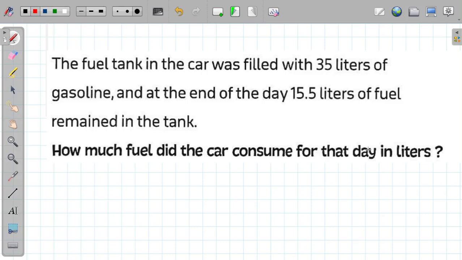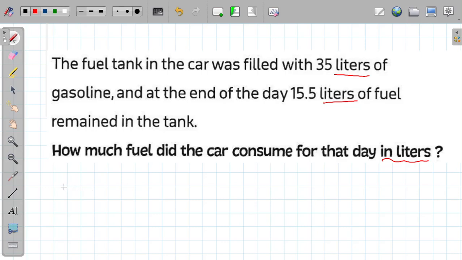How much fuel did the car consume for the day in liters? Listen here, I wanted to find the result in liters, and the first number is in liters and the second number is in liters, so I will not change any units.